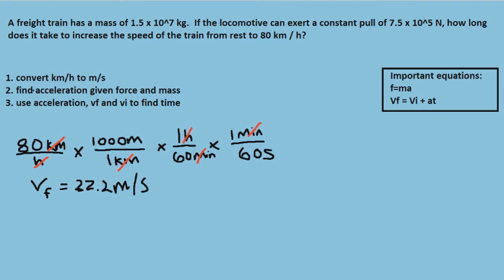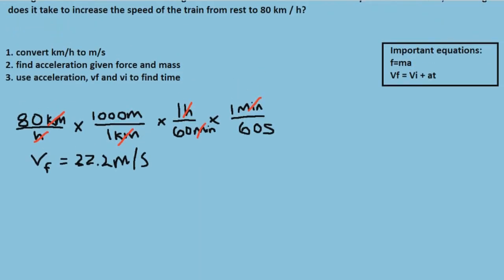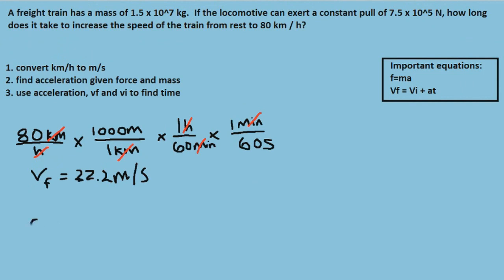Then we want to find the acceleration given force and mass. So we are using the equation F equals ma. We have a force, the pulling force of 7.5 times 10 to the 5 newtons, equals the mass, which is 1.5 times 10 to the 7 kilograms, times the acceleration.